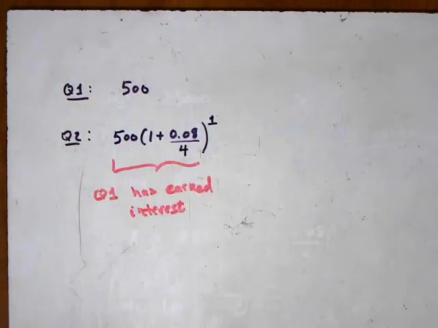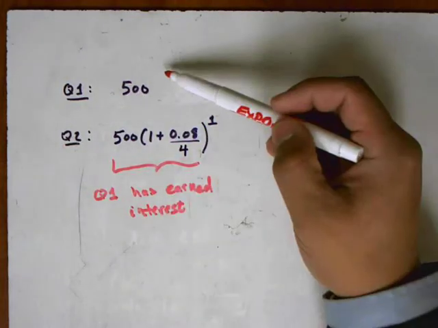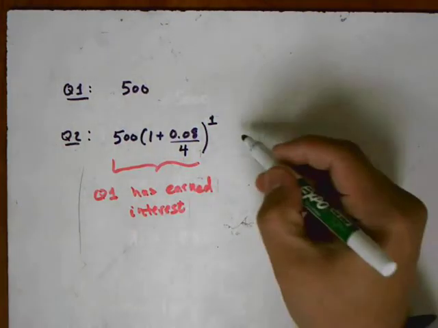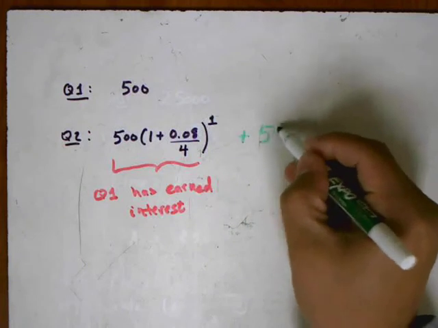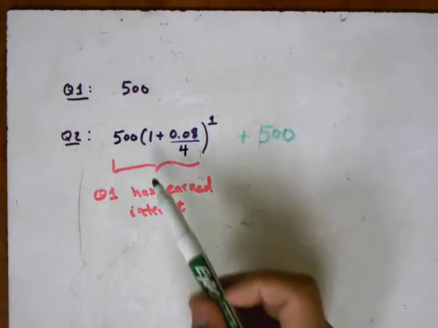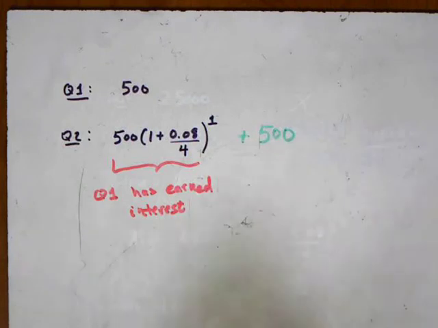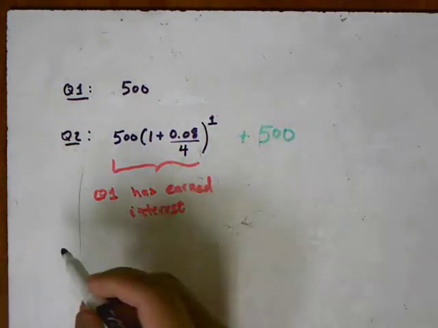This $500 is the $500 he put in from quarter one, and now it's earned a little bit of interest. Then he puts in another $500. So the first $500 has earned a little bit of interest, and the second $500 hasn't earned anything yet. That's the end of quarter two.